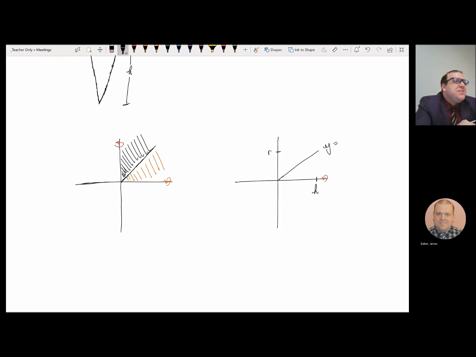The length would be root r squared plus h squared, but the actual line itself would just be r over h times x.